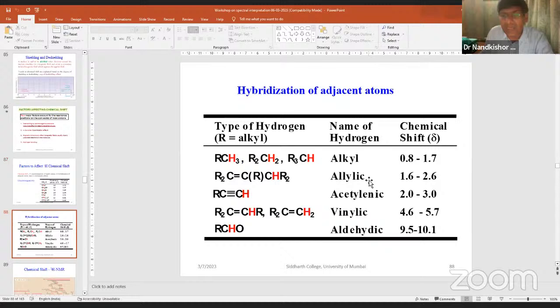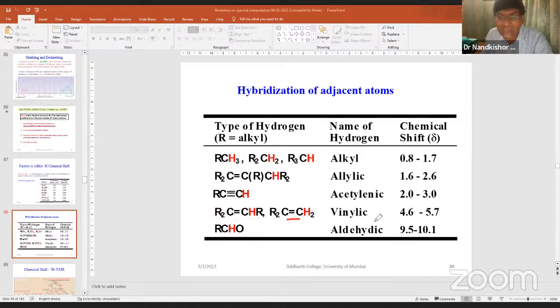Now this is another example, the hybridizations, as we said. This first line is considered to be sp3 hybridized. The del value is in the range of 0.8 to 1.7. This is sp2 hybridized, but we are talking about the sp3 group. This is an allylic proton. So roughly these are the shielded ones. Whereas we consider this olefinic one, that is a double bond.